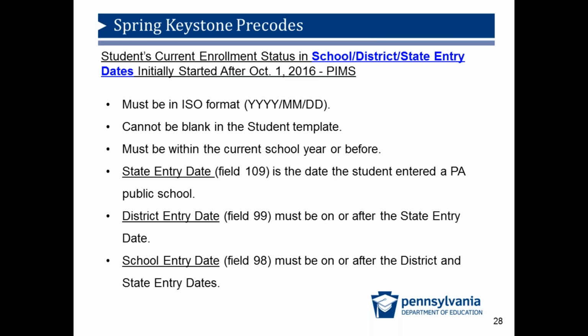Number 1, the dates must be in ISO format, which is the 4-digit year followed by the 2-digit month and then the 2-digit day, as shown in this slide. These fields cannot be left blank. They are required fields. The dates must fall within the current school year or before.